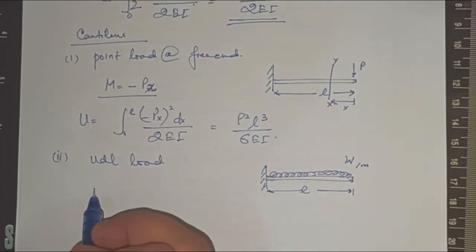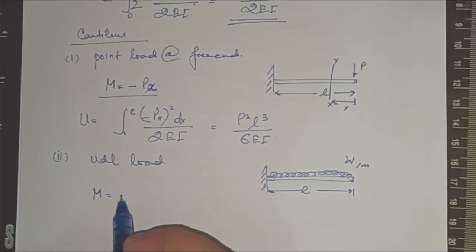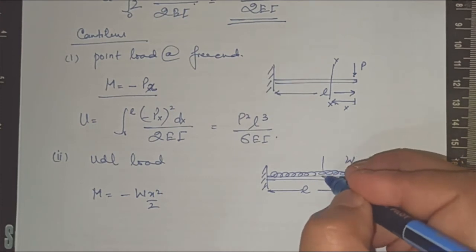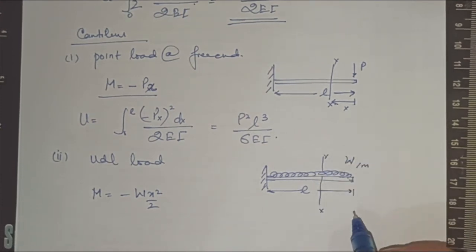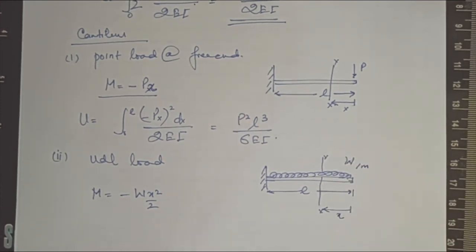So my bending moment M will be minus Wx square by 2 at any cross section at a distance X. Wx will be the bending moment, and X by 2 is the center.